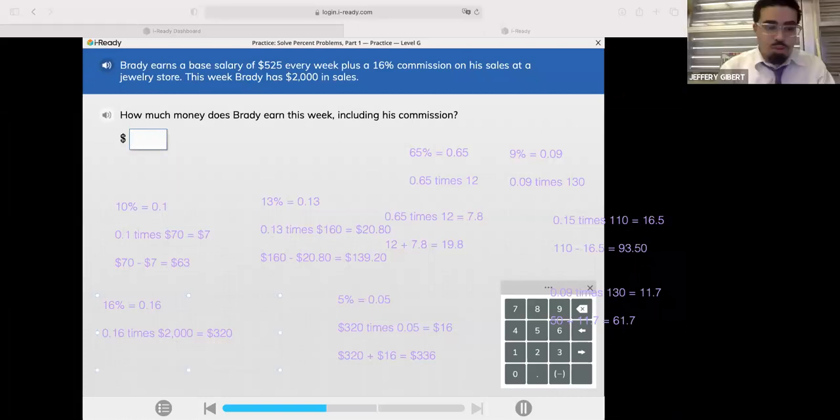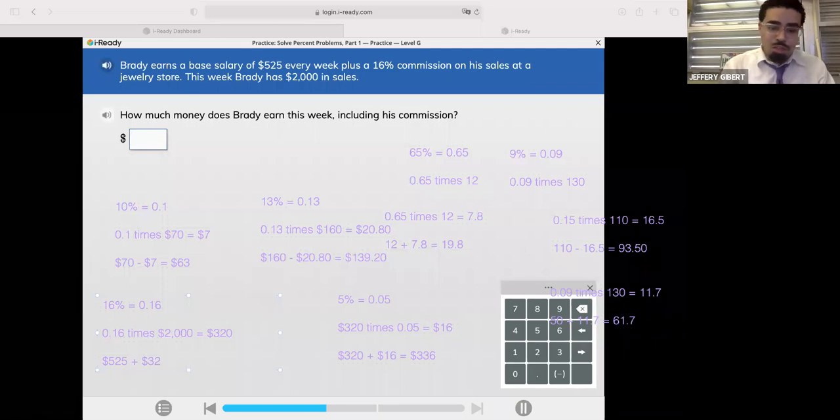525. Right. So the way this works is if Brady doesn't sell anything, Brady's gonna get $525 at work, no matter what. But if Brady sells stuff, Brady's gonna get 16% of whatever Brady sells. So since Brady sold $2,000, that bonus that Brady's getting is the 16% of the 2,000, which is 320.